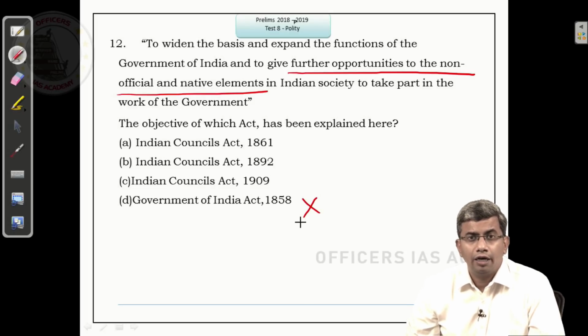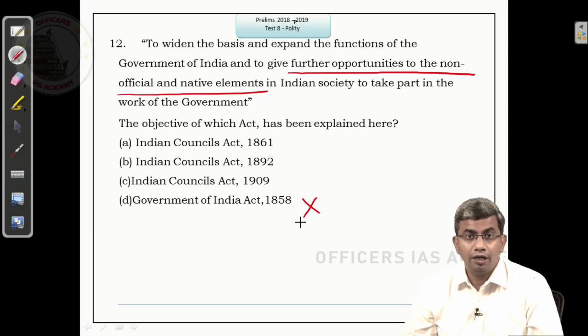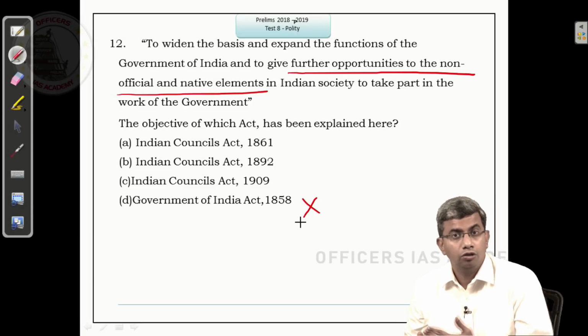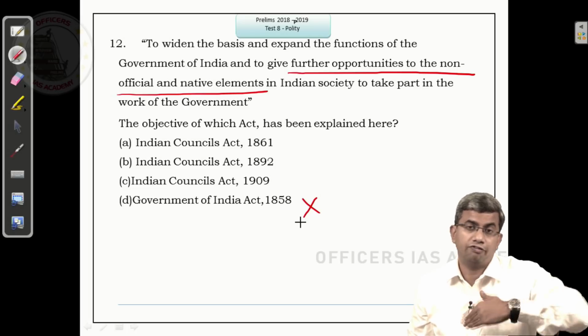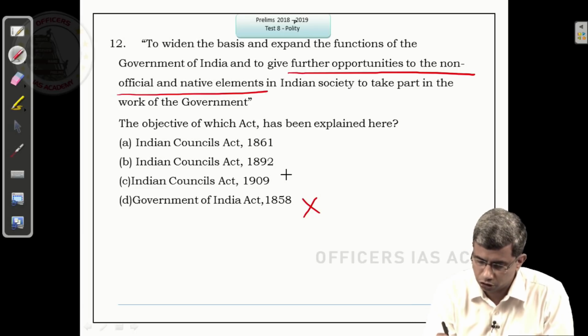1909, the non-official members became an elected majority in the provinces. So, clearly, the non-official members were to be elected by the local electorate. So, it's a far larger representation of the non-official members in the legislative process, in the legislative council. So, this is also eliminated.